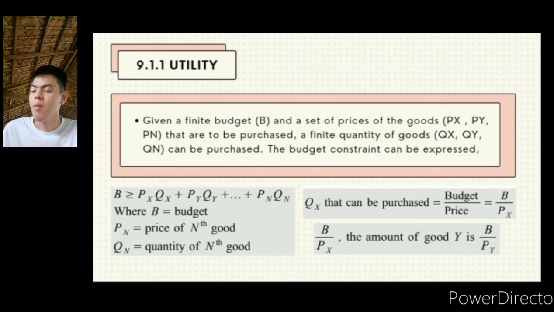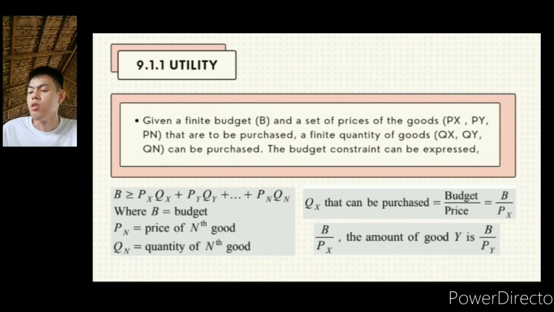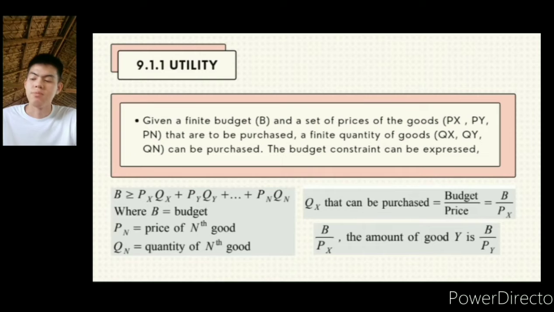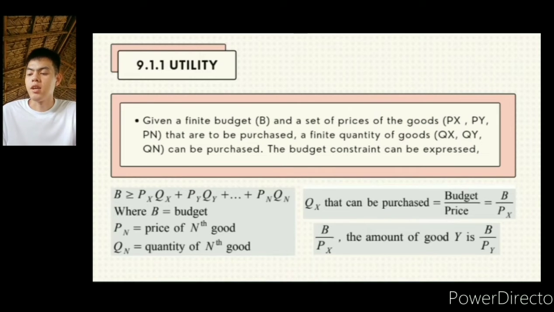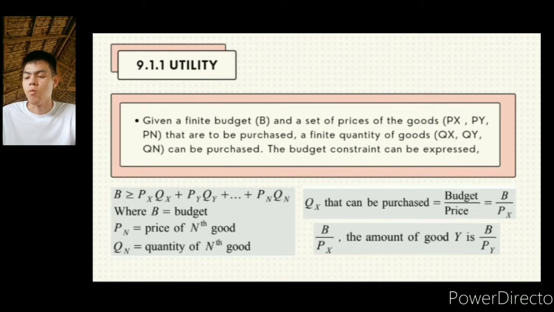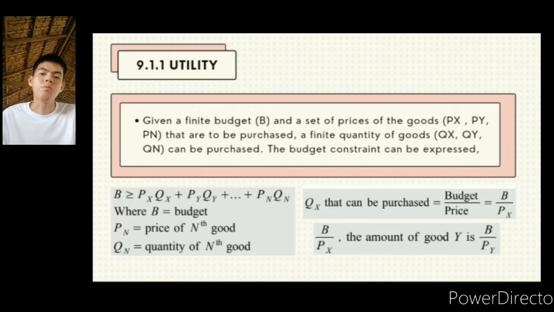At yung nakatakdang dami ng bibilhin ay mabibili kasi sumakto yung budget dun sa bibilhin. Alangan namang bumili ka ng goods na kulang naman yung budget mo. Siyempre, as mamimili, bibili ka ng goods na sasakto dun sa budget mo. And that's how the budget constraint in terms of utility.